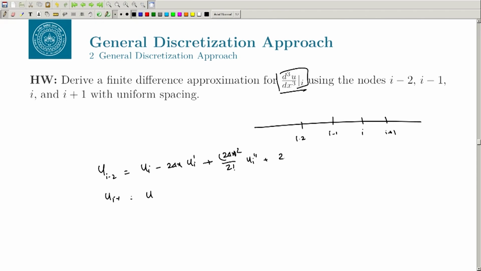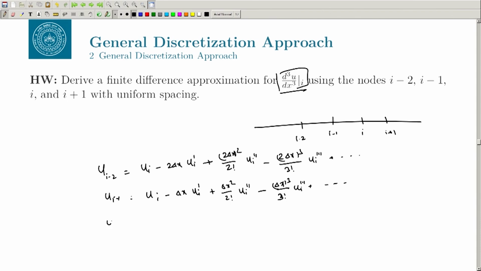So, that will become 2 delta x cube, this will be negative, minus by factorial 3 u I triple prime and so on and so forth. Then minus delta x u I prime plus delta x square by factorial 2 u I double prime minus delta x cube by factorial 3 u I triple prime and so on.